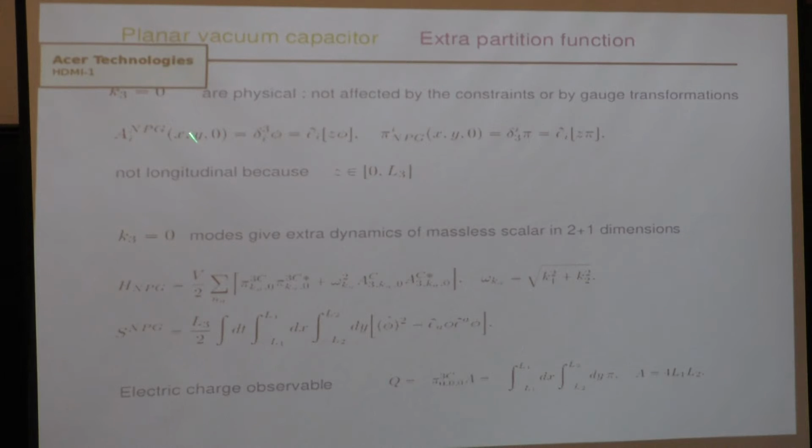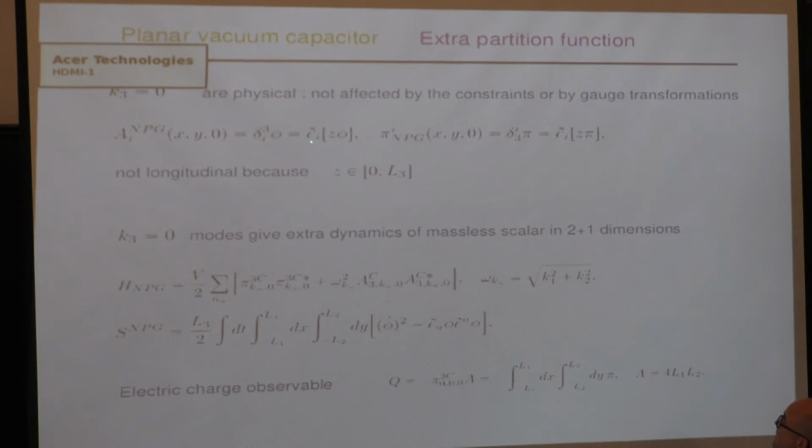But the modes I'm really interested in are these zero modes because they are in addition. So you look at what happens to them. These zero modes are all physical because they are not affected by the constraints or by any gauge transformation generated by those constraints. And you could think that they are longitudinal because they are constant in the z3 direction.